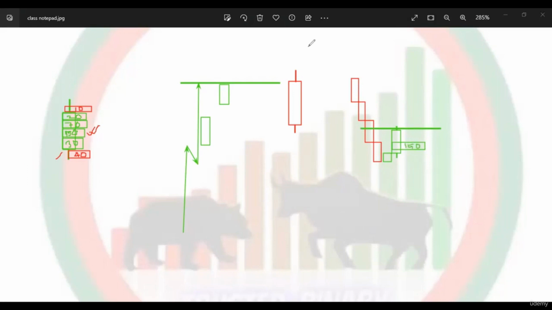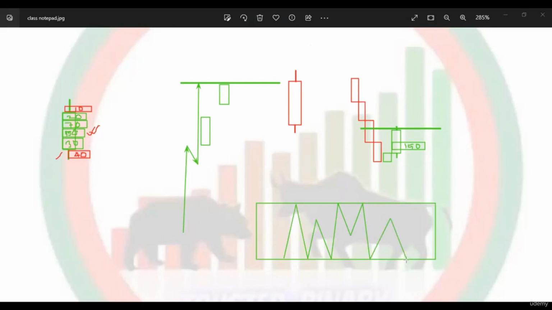And think that in between this ranging area, this candlestick exactly created here, that is the power of control, and this candlestick exactly close here, that is the power of control.